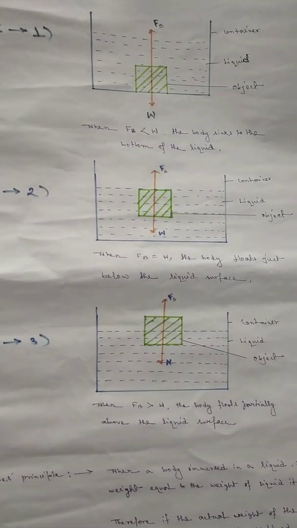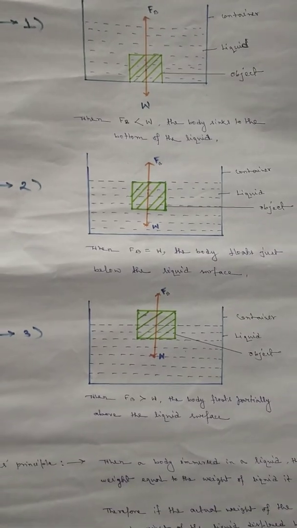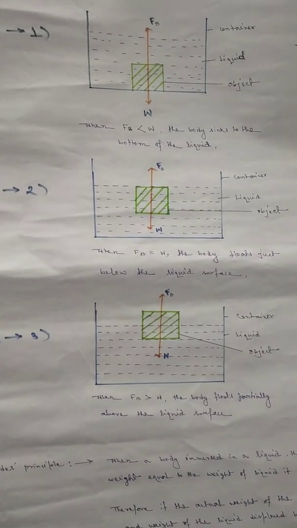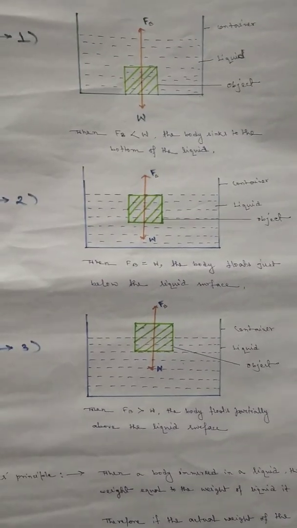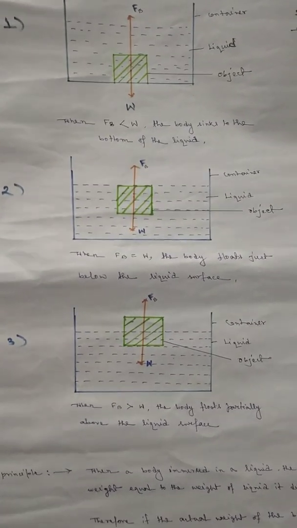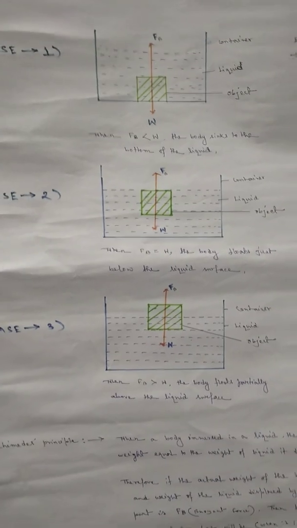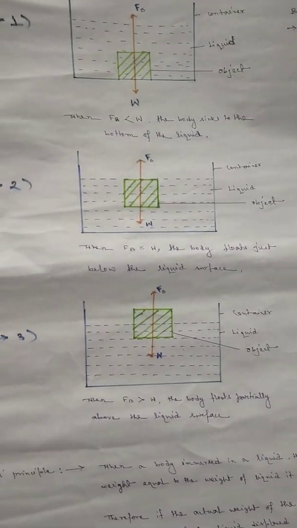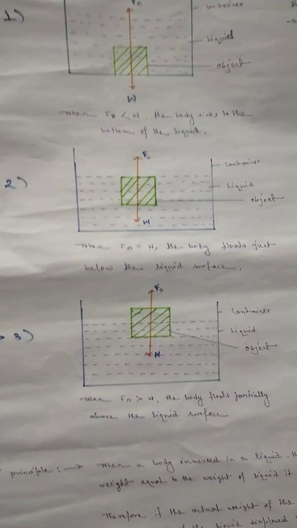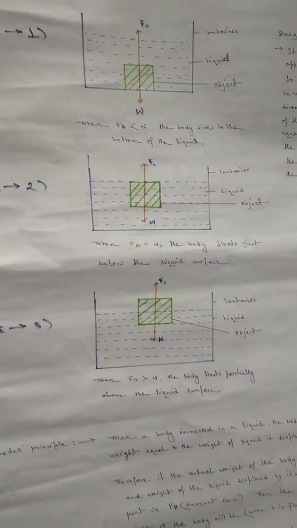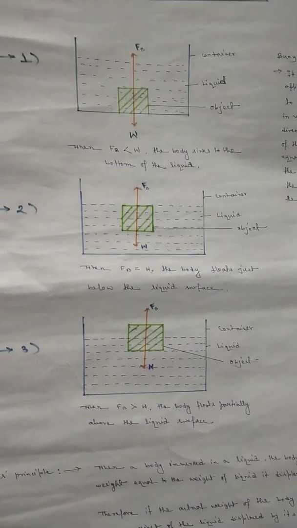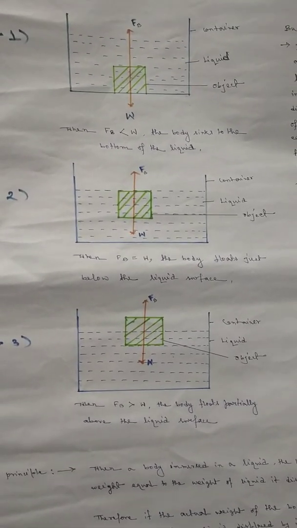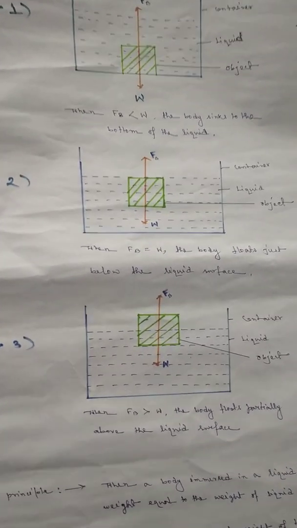If Fb is greater than W, the force acting upward is greater than the force acting downward, so the resulting force acts in the upward direction. That means the body will float. If W is greater than Fb, the resulting force acts downward and sinks the object.